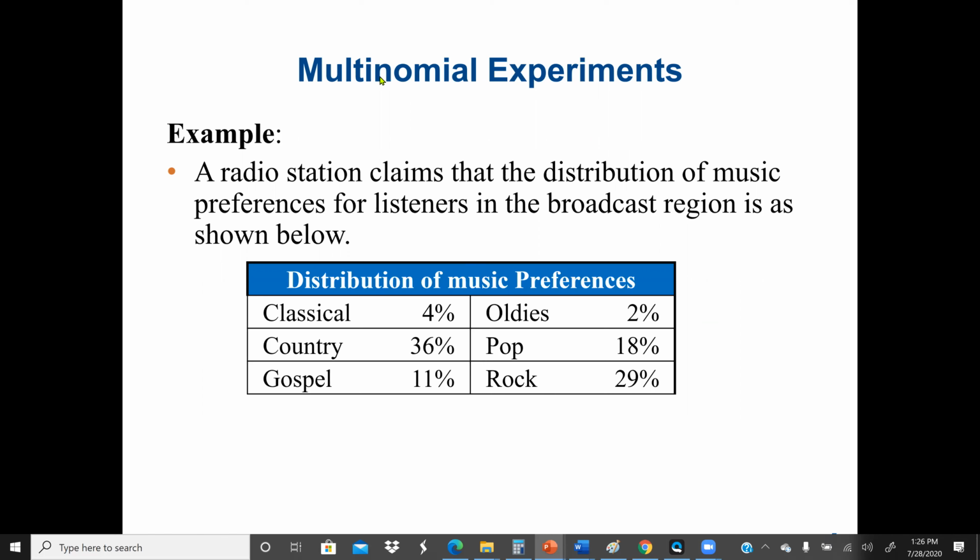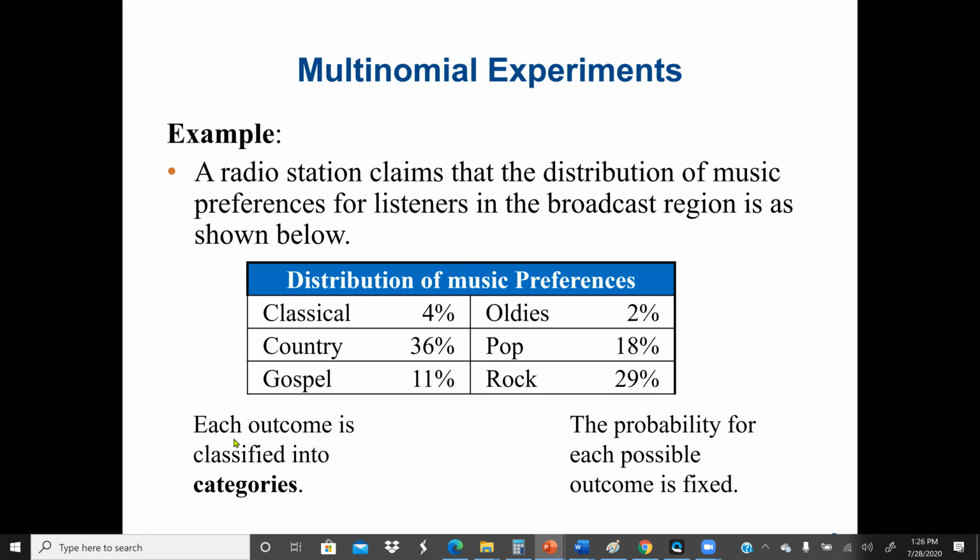So it's a multinomial experiment. Each outcome is classified into categories, and the probability for each possible outcome is fixed.